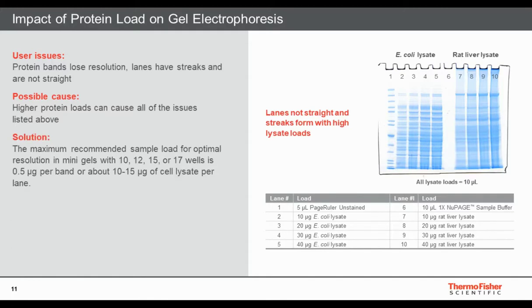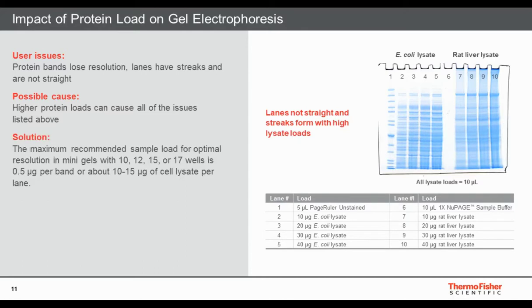Now, loading wells with 20, 30, or 40 microgram of total protein resulted in bands losing resolution, with streaking observed in most of the lanes. At 10 microgram of total protein per well, the E. coli lysate in lane 2 or rat liver lysate in lane 7 produce sharp, well-defined bands with good resolution.